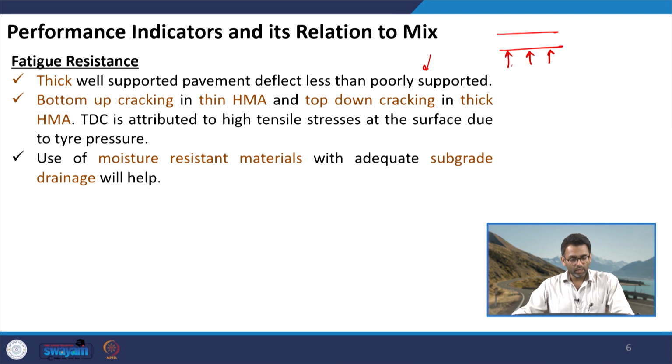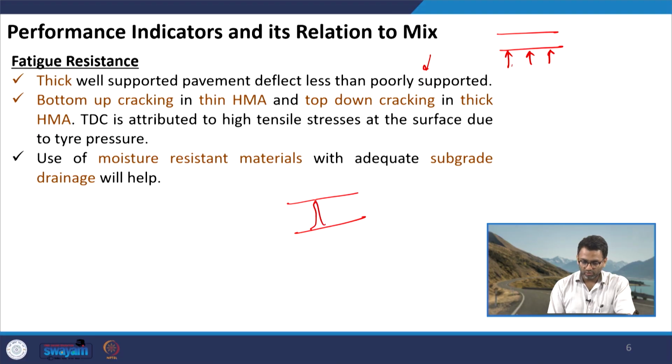So, usually if the hot mix asphalt layer is thin, maybe let us say 100 to 150 mm typically or even lower, then bottom up cracking will be the predominant mode of fatigue failure. Bottom up cracking is that the cracking will start from beneath the pavement and it will appear at the top. Whereas we can also have occurrence of top down cracking.